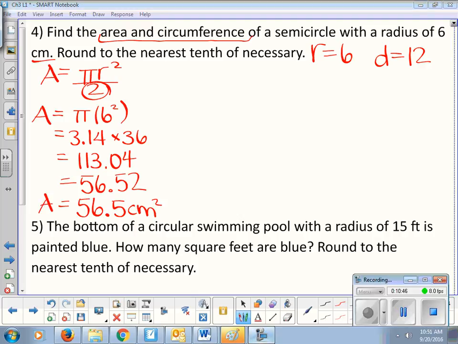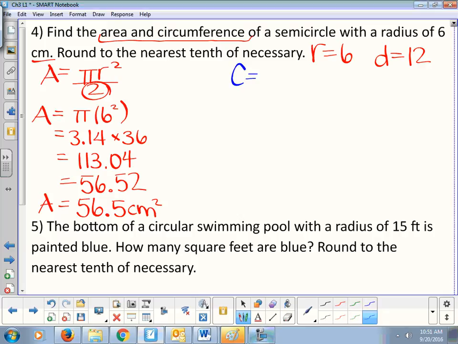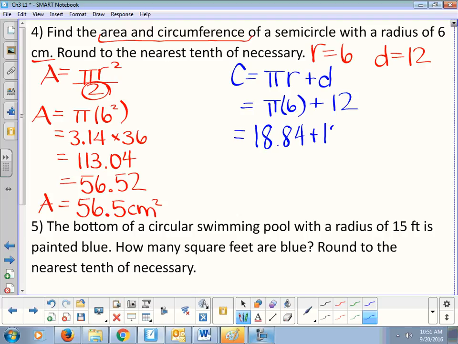If you look back in your notes, our circumference of a semicircle, we're using the formula pi times the radius plus the diameter. So let's fill in what we know. Our radius is 6, and we're adding in our diameter, which is 12. If we multiply 6 times pi, we're multiplying 6 times 3.14, and what do you get? 18.84, and we have to add in 12.